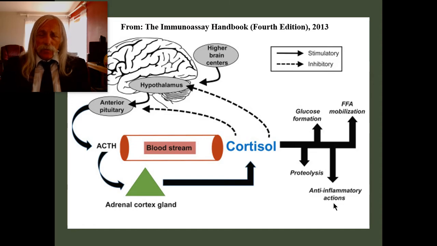And so when you use synthetic corticosteroids in medicine, you're suppressing the immune response because the immune response can be very deadly to cells, tissues, organs, and indeed the human themselves. The entire life can be taken away if the immune response gets completely hyperimmune, hyperactive. This is what corticosteroids are used for.